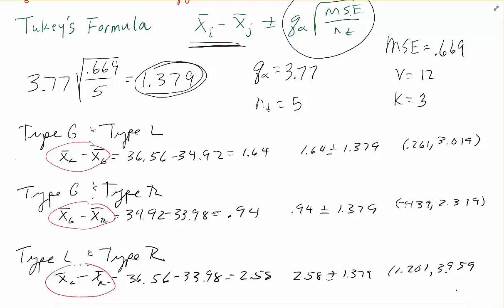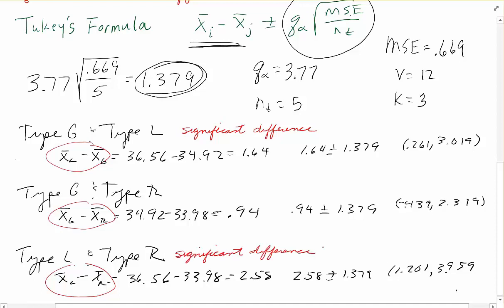And with 95% confidence, alpha equal to 0.05, there is a significant difference between type G and type L, and there is a significant difference between type L and R. Notice the confidence intervals are positive on both sides here.